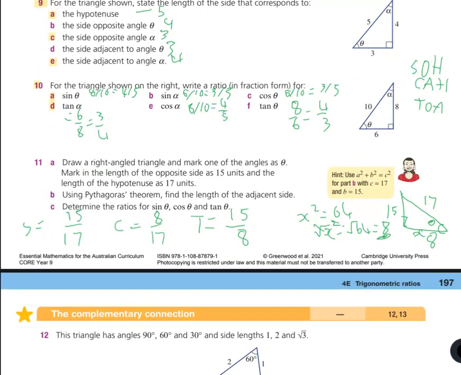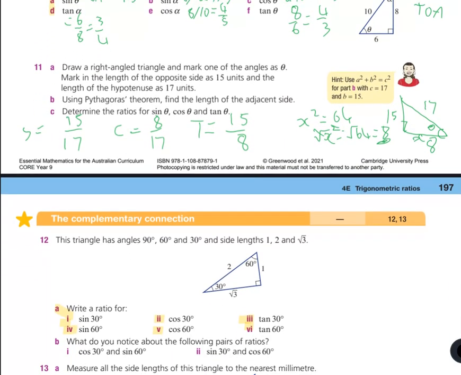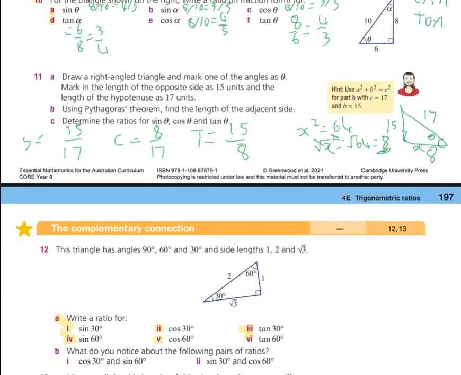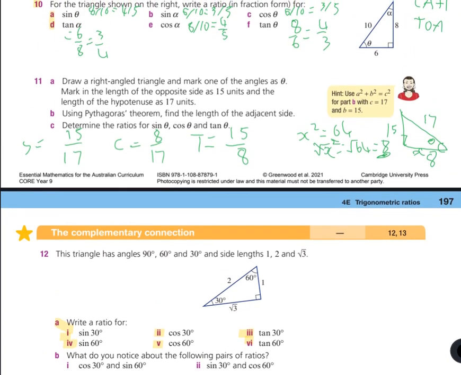Okay, last question, I believe, number 12. This triangle has angles 90, 60, and 30, with side lengths of 1, 2, and √3. Write a ratio for sine 30. So the sine of angle 30, SOHCAHTOA, is going to be opposite over hypotenuse.